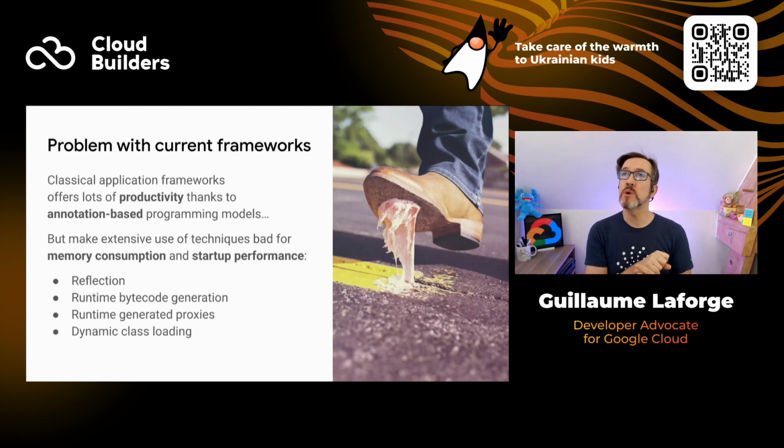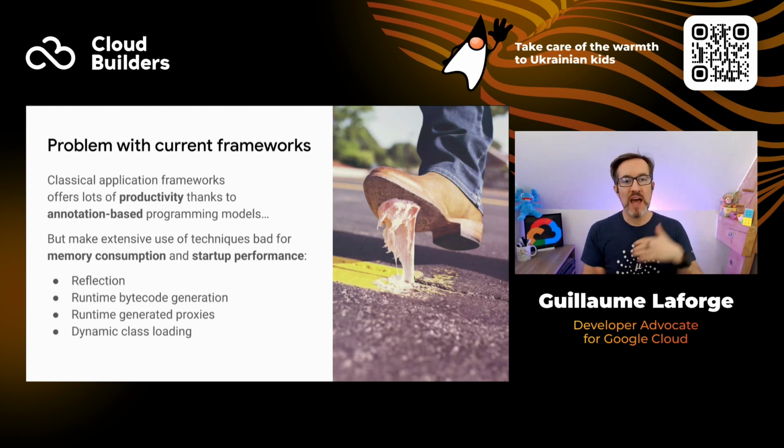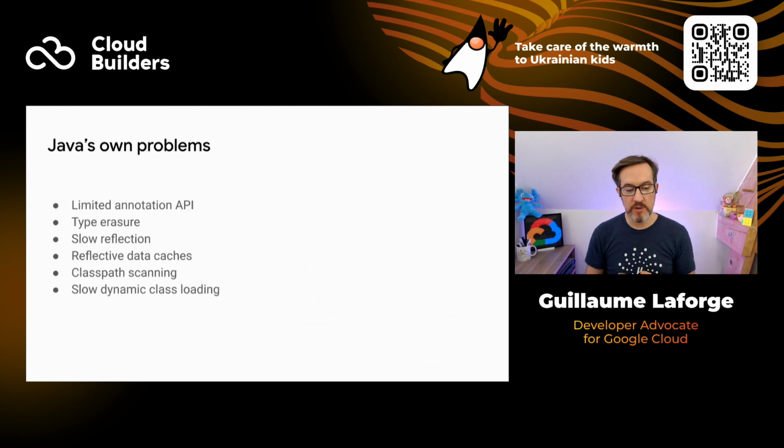When I say reflection, it's also memory consumption that comes from that, because there's lots of caching of what methods a class has, etc. So it builds up a cache. You may have some generated proxies to do AOP kind of stuff transparently for you, and also dynamic class loading. So those things are often time-consuming at startup time and consume quite a bit of memory.